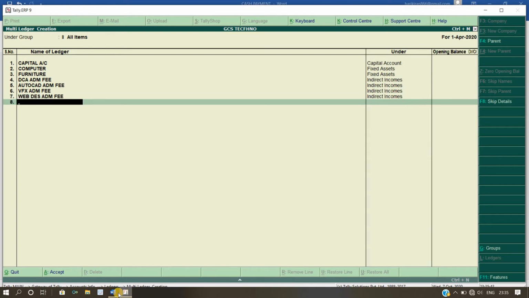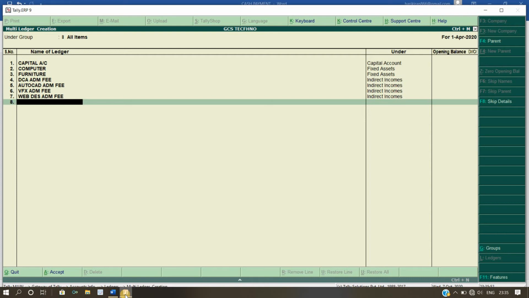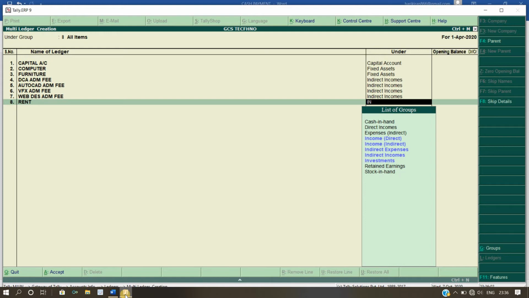And the next one is rent paid. Here it changes friends, because we are paying now, it becomes indirect expense for us. Rent, I give the ledger name as rent, and it is indirect expense because we are paying money, right?